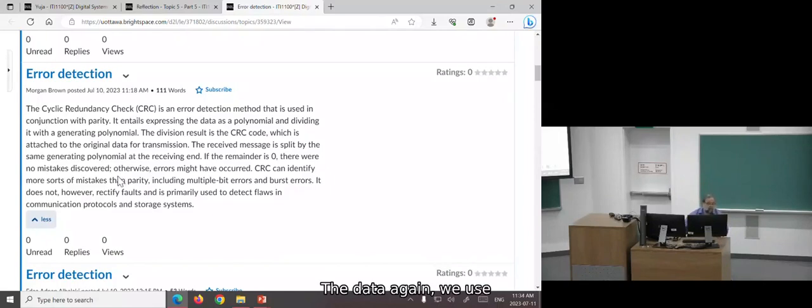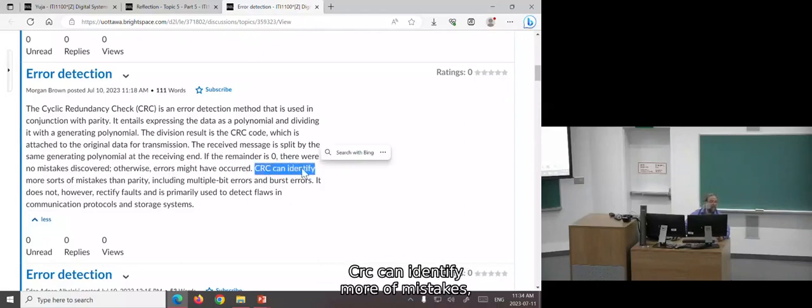Again, we use redundancy to be able to detect the errors. The received message is divided by the same generating polynomial. If the remainder is 0, there were no mistakes. Otherwise, errors might have occurred.